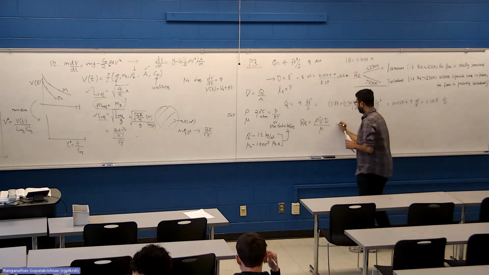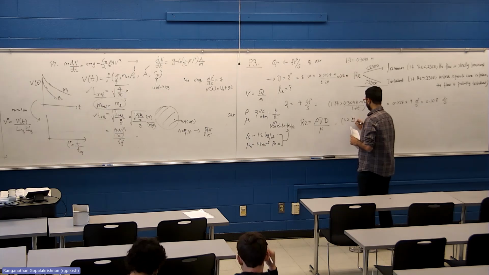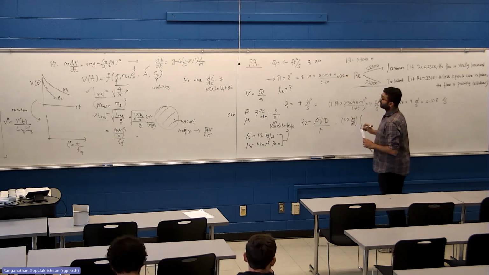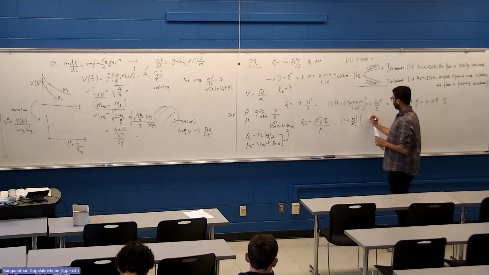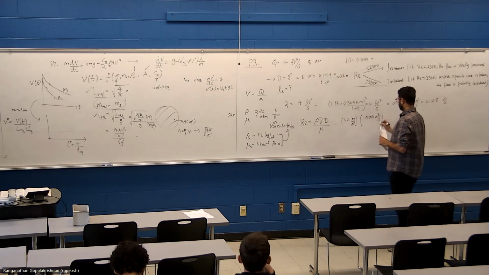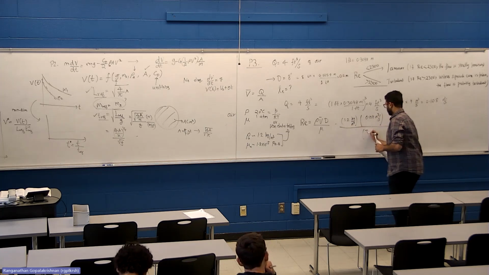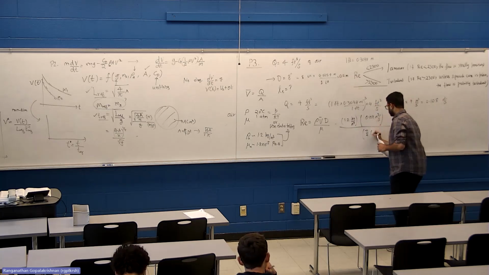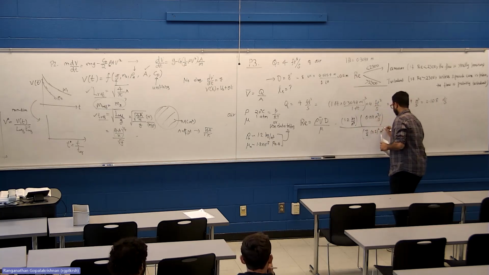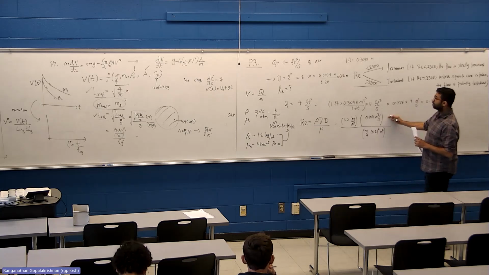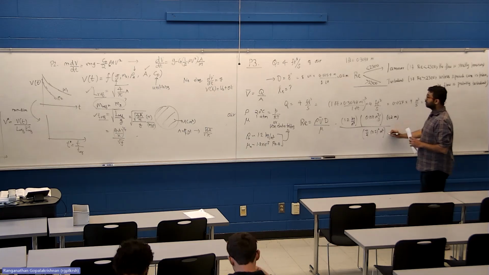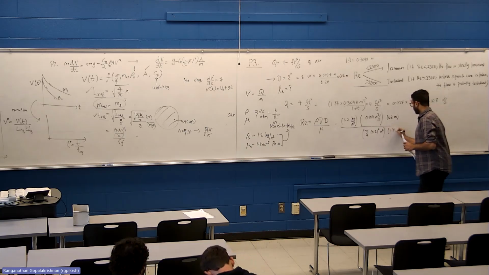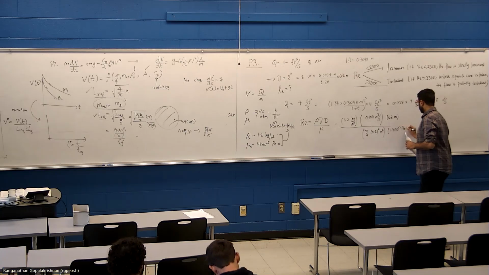Okay, so Reynolds number would be 1.2 kg per meter cube times velocity, which I can replace with Q over A, Q being 0.108 meter cube per second, divided by pi by 4 times 0.2 squared meter squared, times diameter 0.2 meters, and mu being 1.8 times 10 to the minus 5 Pascal-seconds.